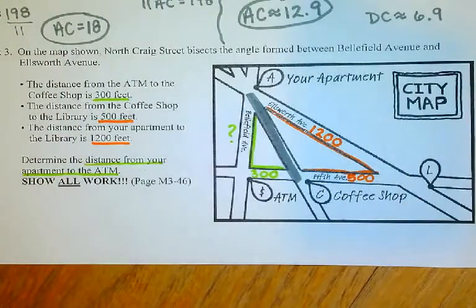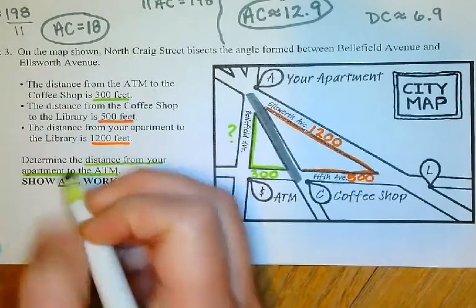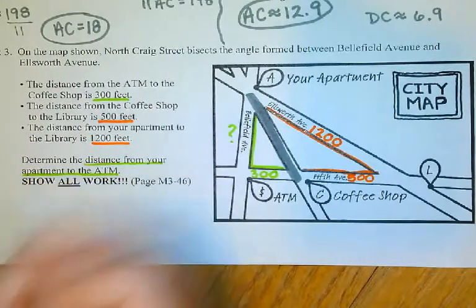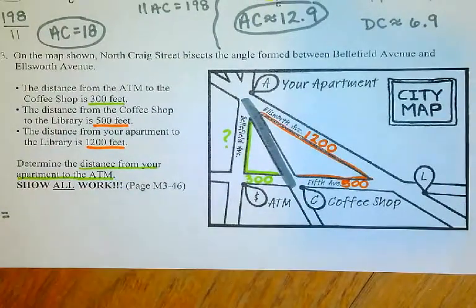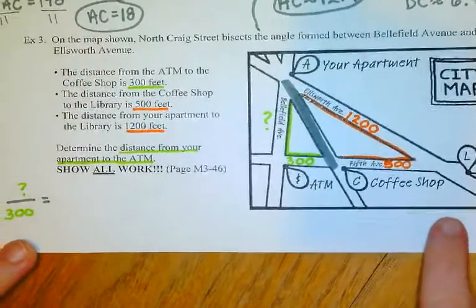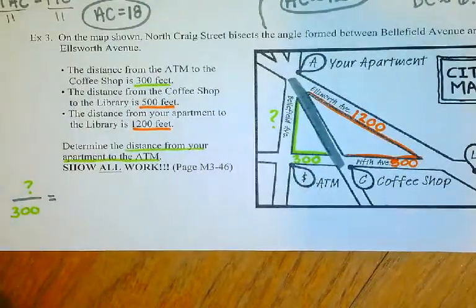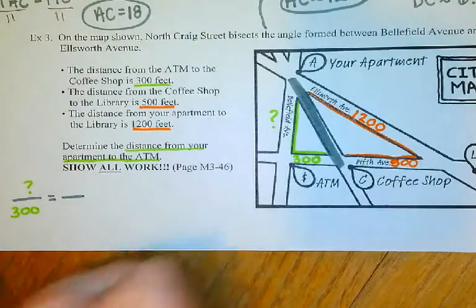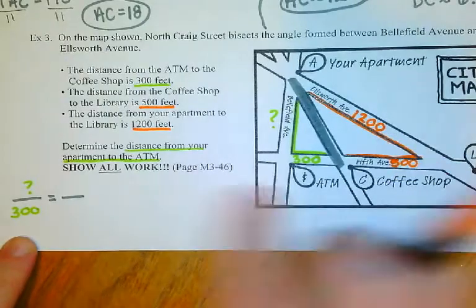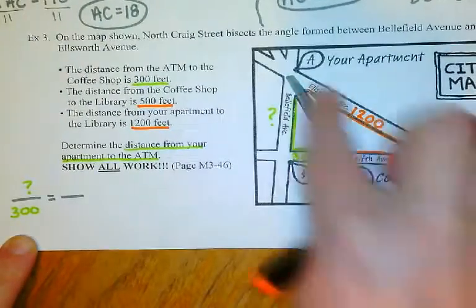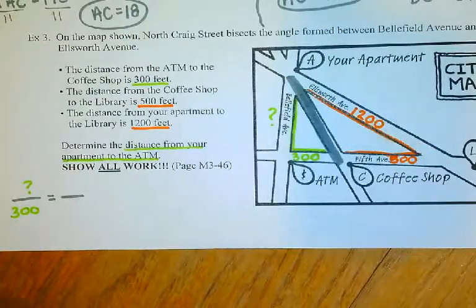Alright, so set up this proportion. I can go ahead and do question mark over 300. Sorry, I'll move this so you can see it. Question mark over 300, just like that. And then on the other side, what would we have on top of our fraction? The 1200 over 500, because 1200 is on the other side adjacent to that angle bisector from the question mark.